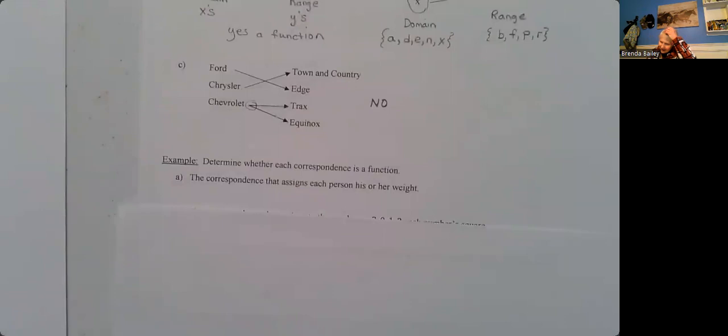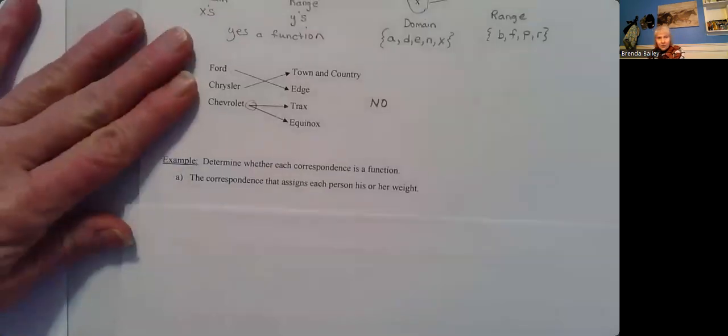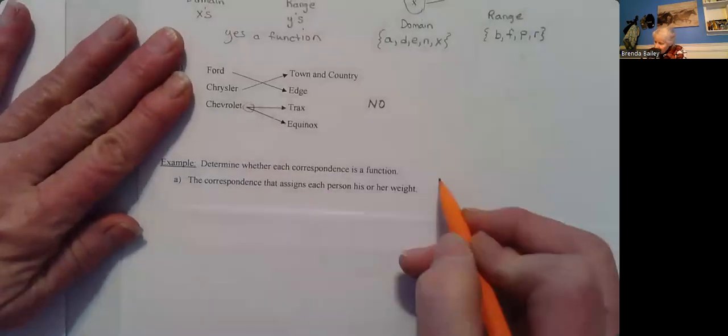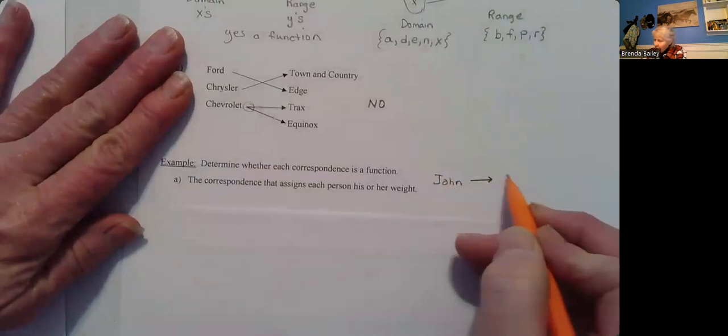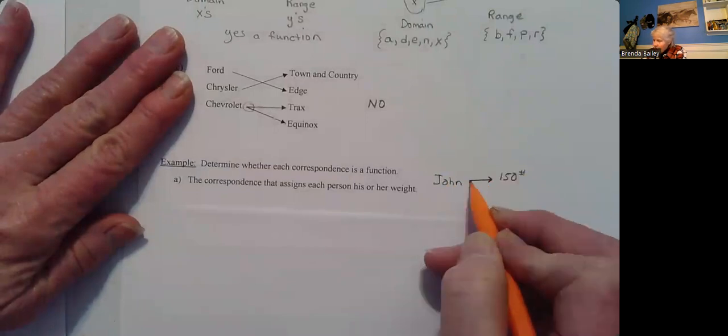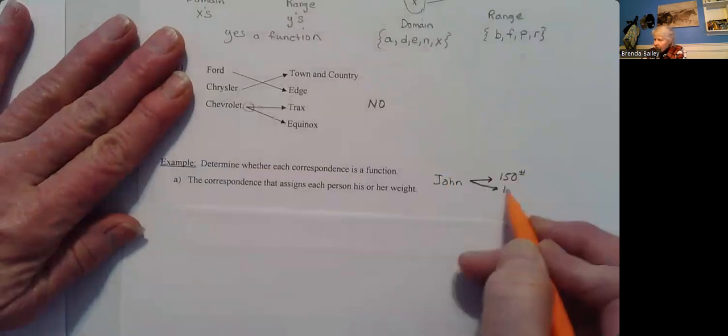Okay, let's look at this next example. Determine whether each correspondence is a function. The correspondence that assigns each person his or her weight. So is that a function or not? Can John weigh 150 pounds and at the same time weigh 160 pounds?